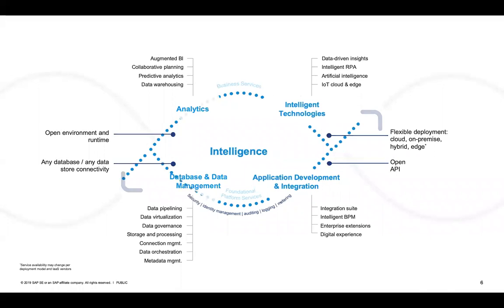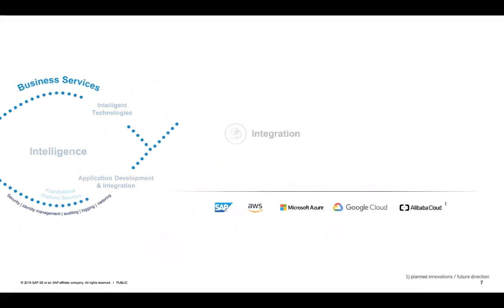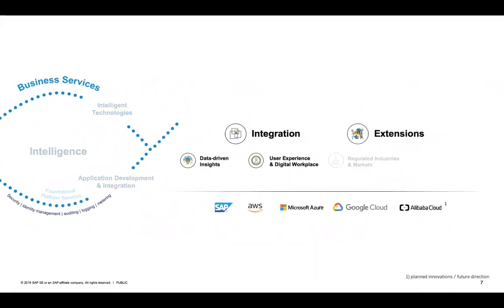When we now go one step deeper and take a look at the different kinds of solutions which we currently find within SAP Cloud Platform, there are, of course, different solutions to serve different kinds of needs and also to provide different kinds of value to you as a customer. On the one hand side, for example, the whole topic of user experience and digital workplace is becoming more and more important.